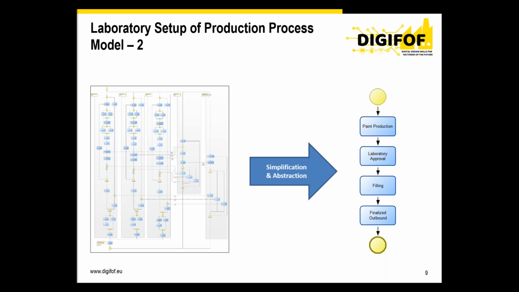Therefore we designed a very simple BPMN process consisting of only 4 elements and 4 tasks, and this is to depict only the major production steps and to ease and simplify the whole process. And our process consists of the major paint production, the laboratory approval, the filling station, and the finalized outbound.